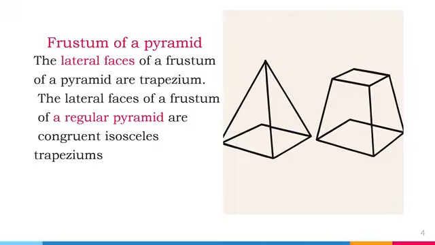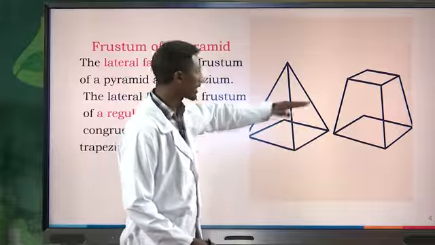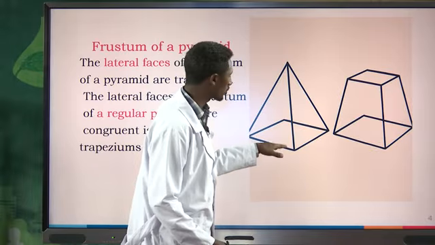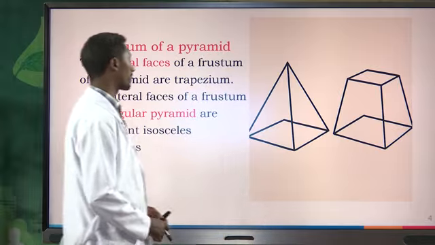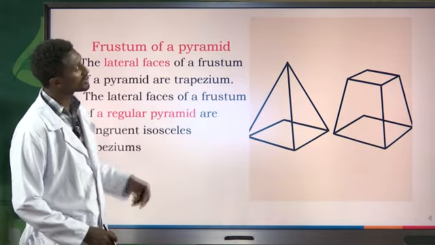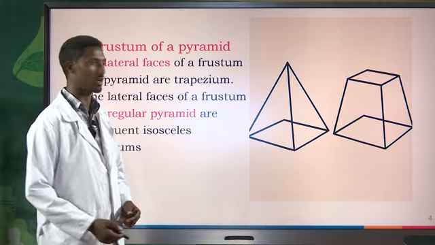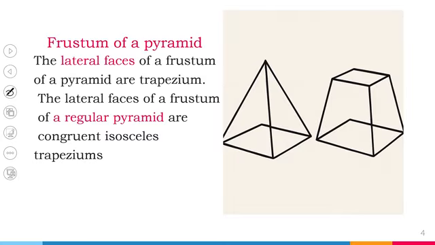The frustum of a pyramid is obtained by cutting off a given pyramid by a plane which is parallel to the base. The remaining part, which is between the base and the cross-sectional area, is a frustum of a pyramid. So what do the lateral surfaces of a frustum of a pyramid look like?